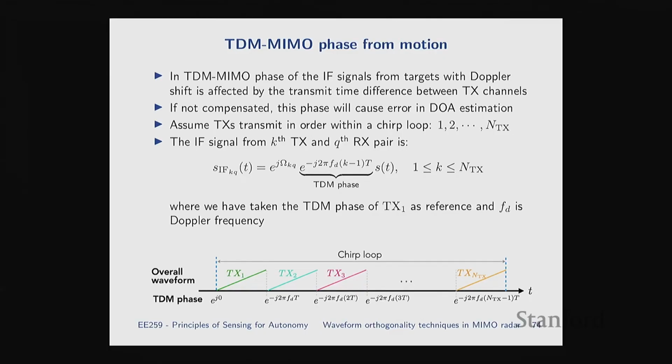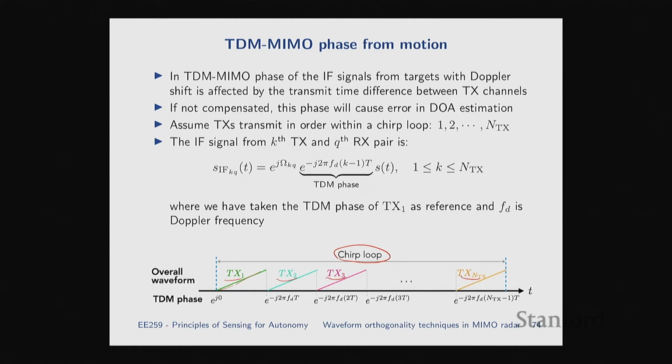So what this second thing is, very briefly, if you look at one of these chirp loops that you do in a TDM MIMO configuration, remember that your transmitters are going sequentially. Your TX1 fires and TX2 fires and TX3 fires and all the way to TXN.